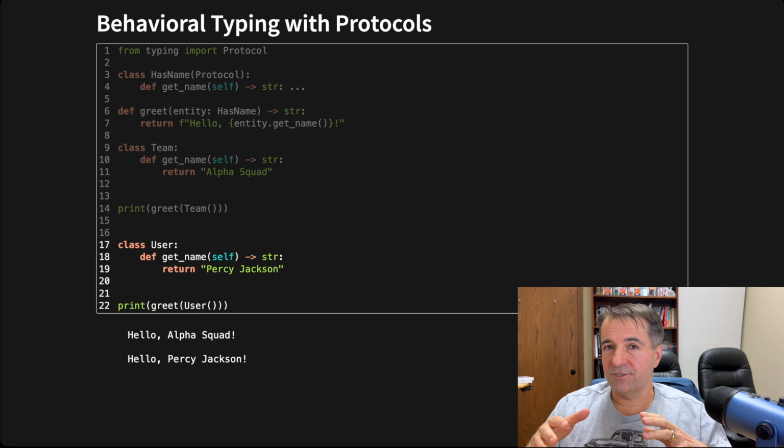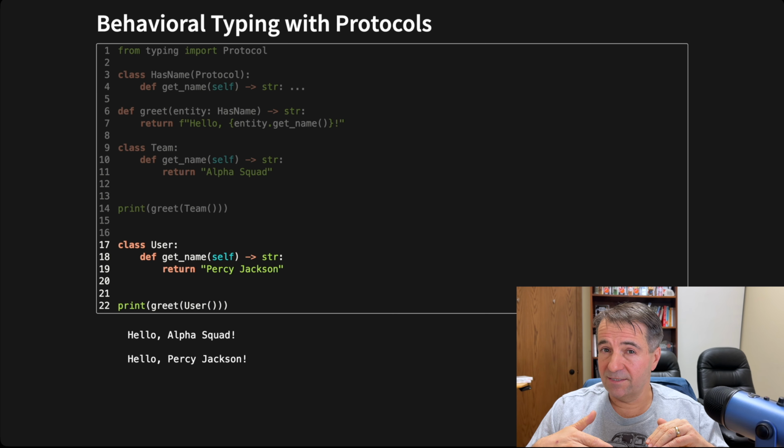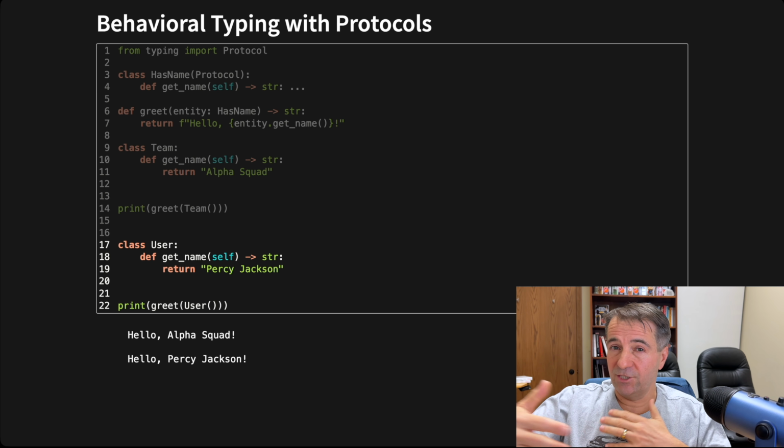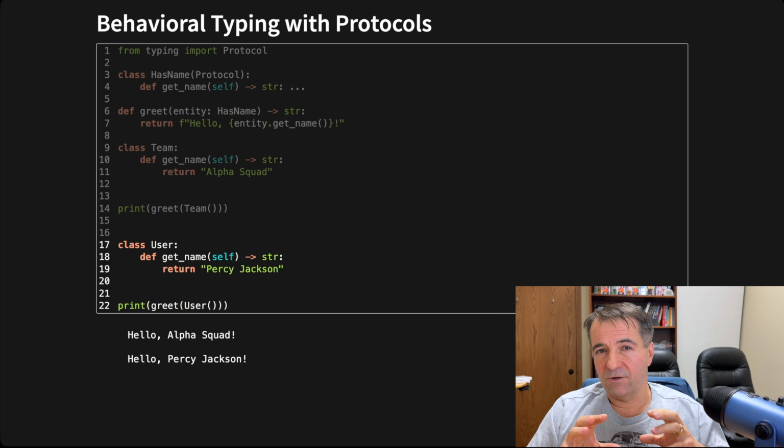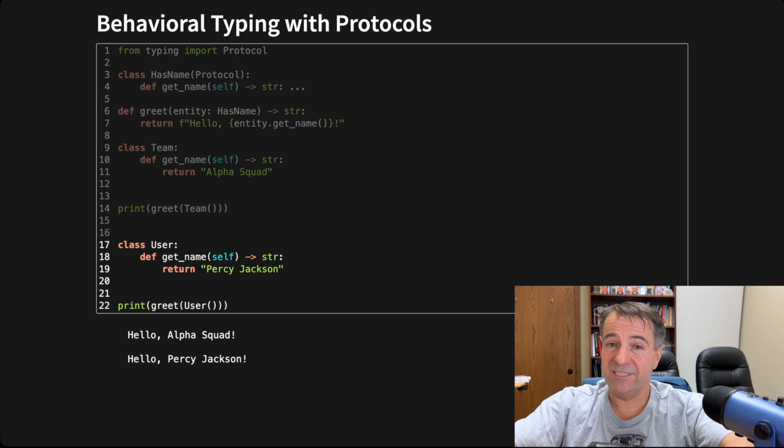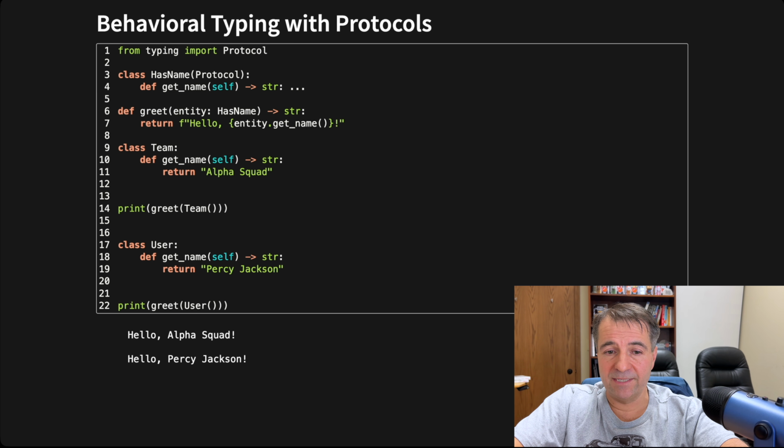The actual class doesn't even know about the protocol. That's the difference from inheritance. If you're using inheritance or mixins, then there's a tight connection between them. The classes we define here, all they need is the getName function to adhere to the protocol, which is great. It gives you a lot of flexibility.